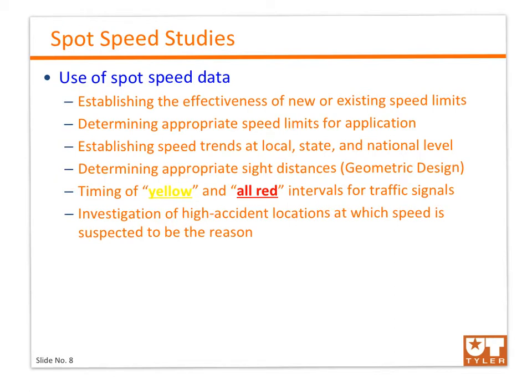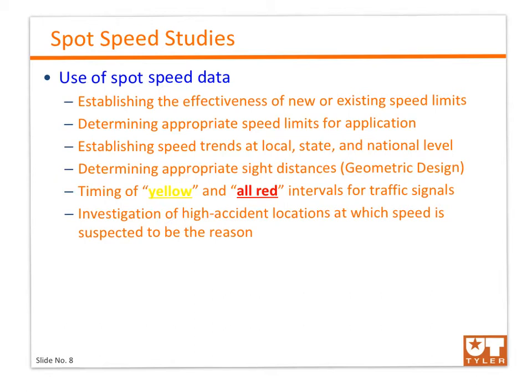We also use it to determine appropriate sight distance, which we use for geometric design. If the speed is high, you would need more sight distance, and therefore the curvature of the road is going to be much different than if the speed is much lower, where the driver has much longer time to react, and therefore we don't need that long of a sight distance.